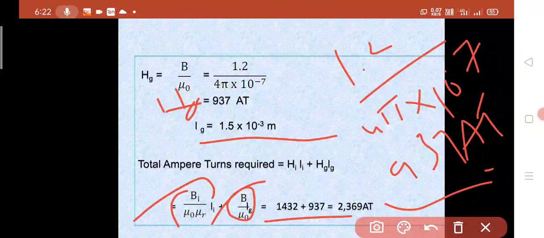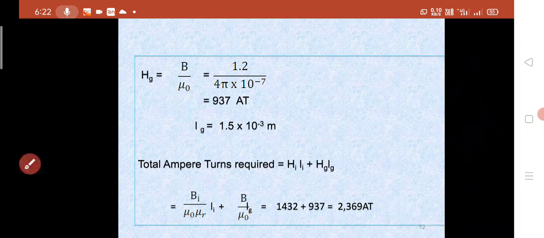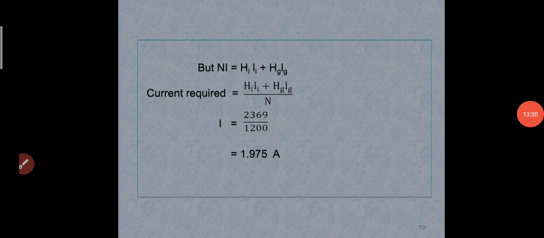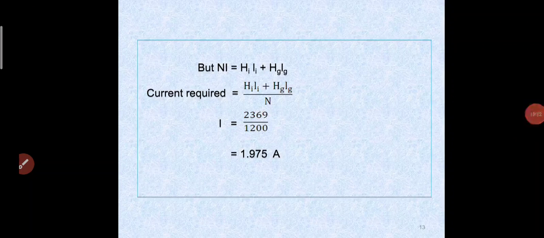So the total ampere turns required is 2369. But Ni is equal to Hi Li plus Hg Lg, so the current required is Hi Li plus Hg Lg divided by N.